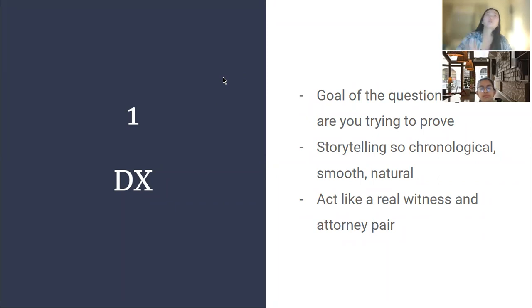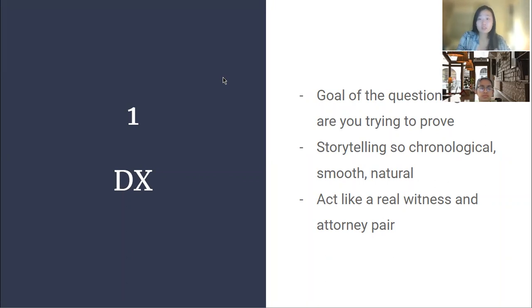Now, in terms of trying to avoid objections and making sure the questions work and wouldn't be too open-ended or too leading, you want to make sure that they're specific, but open-ended enough that the witness is able to explain themselves. So they can't be yes or no questions because they would be objected to as leading questions.